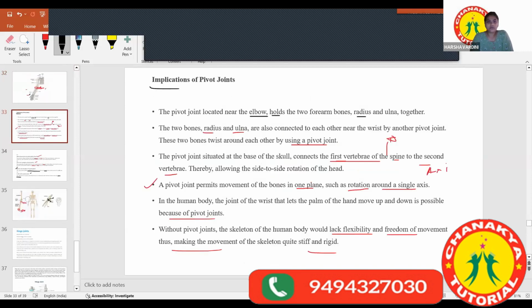Oh, one minute. I'll get a picture of a pivot joint. If I share more pictures, it will be clear.